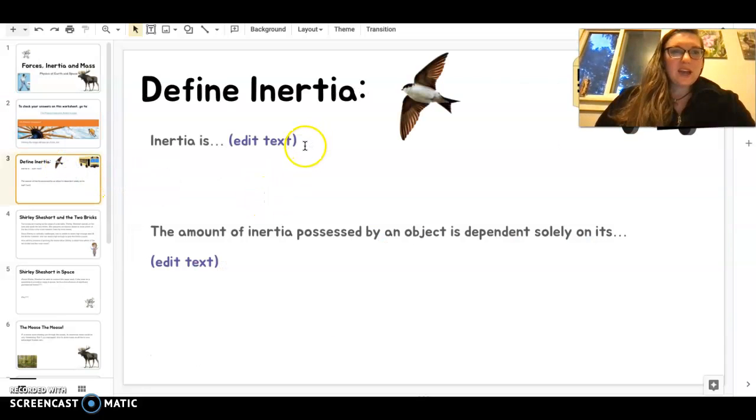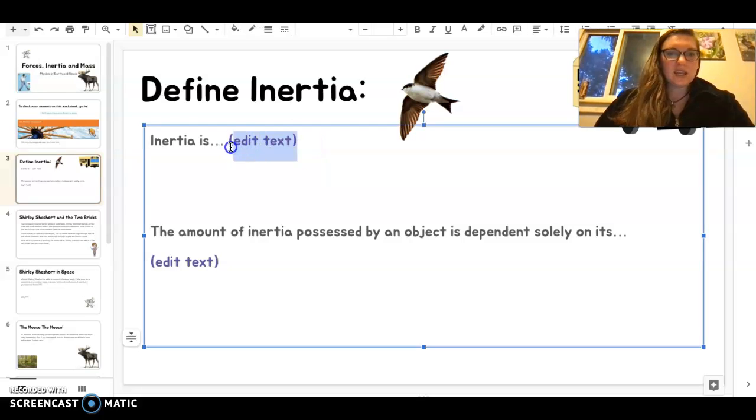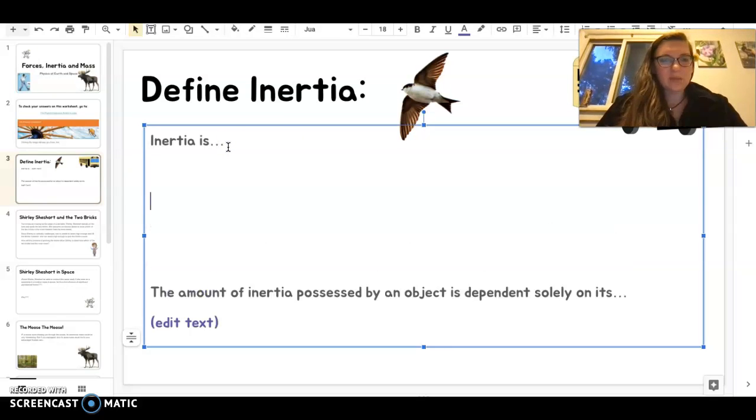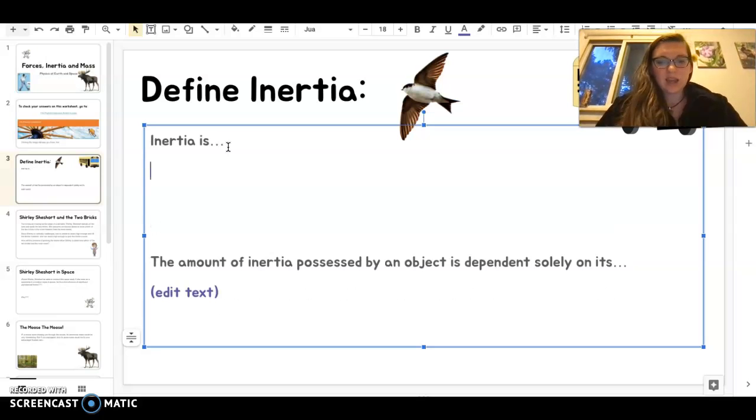So, define inertia. I'm going to say inertia means that objects tend to resist a change in motion.